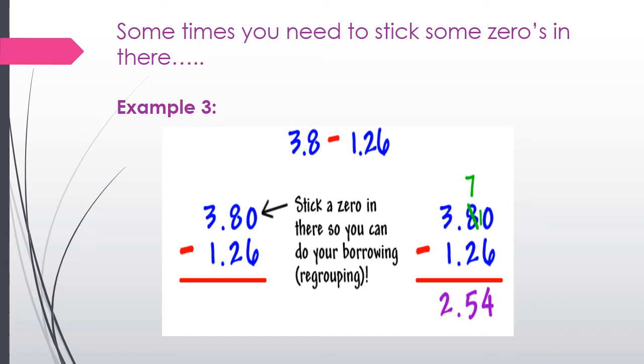Start now, subtract normally from the right side. 0 minus 6, 0 is smaller than 6, so we cannot do that. So we borrow 1 from 8. 8 becomes 7. 10 minus 6 equals 4. 7 minus 2 equals 5. 3 minus 1 equals 2.